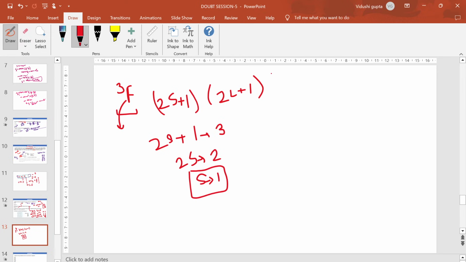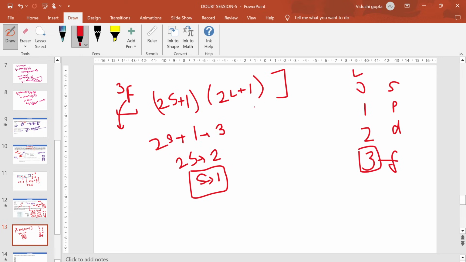Now to put in this formula we also need to know the value of L. So what is L? We already discussed 0, 1, 2, 3. For 0 it is S, for 1 it is P, 2 it's D and 3 is F. So for F, what is the value of L? 3.